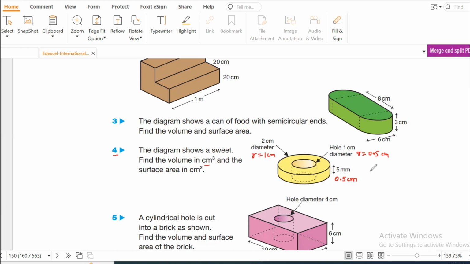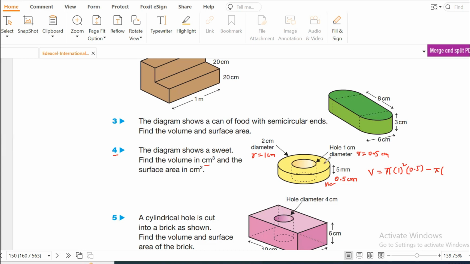If we find the volume of this sweet, we can say that the volume is equal to the outer volume minus the inner volume, because this is the hole. For the volume of a cylinder, the formula is pi r squared h. Here the outer r is 1, so 1 squared, h is the height, 0.5, minus pi r squared.